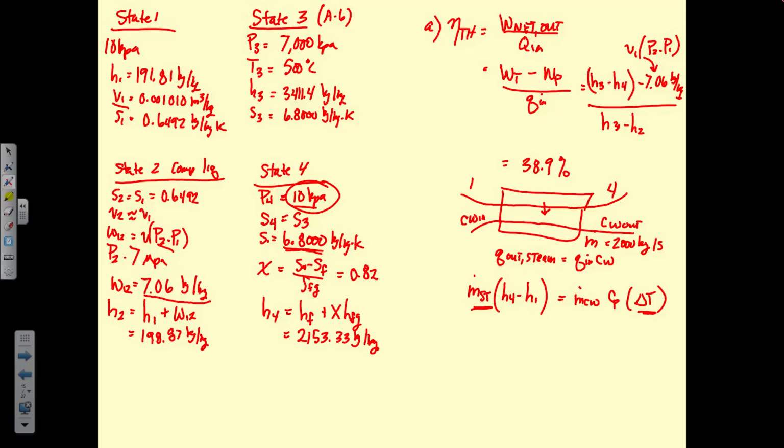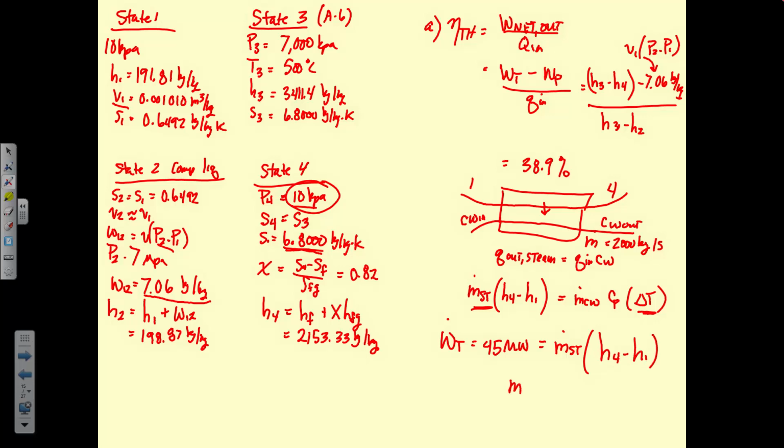Okay, so the mass flow rate of the steam, we'll have to solve for it using what we know about the turbine. So we know that the work dot of the turbine is equal to 45 megawatts, which is equal to m dot of the steam times H4 minus H1, right?